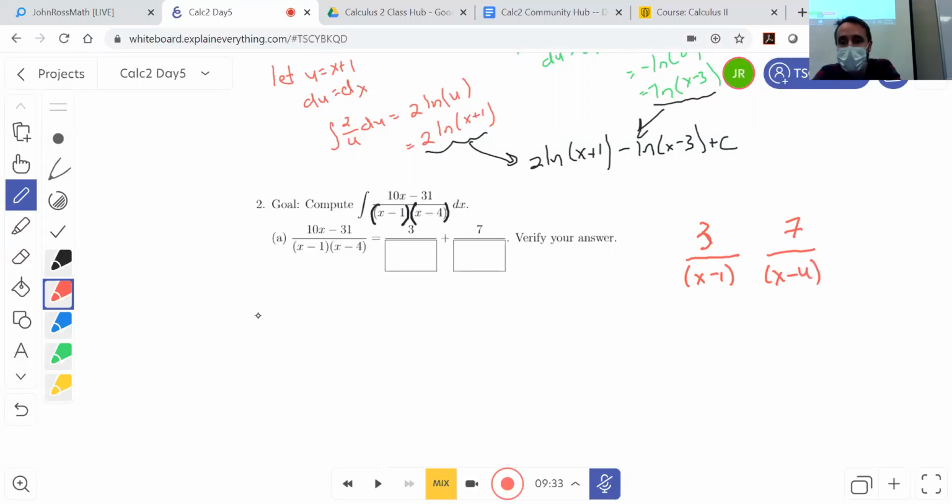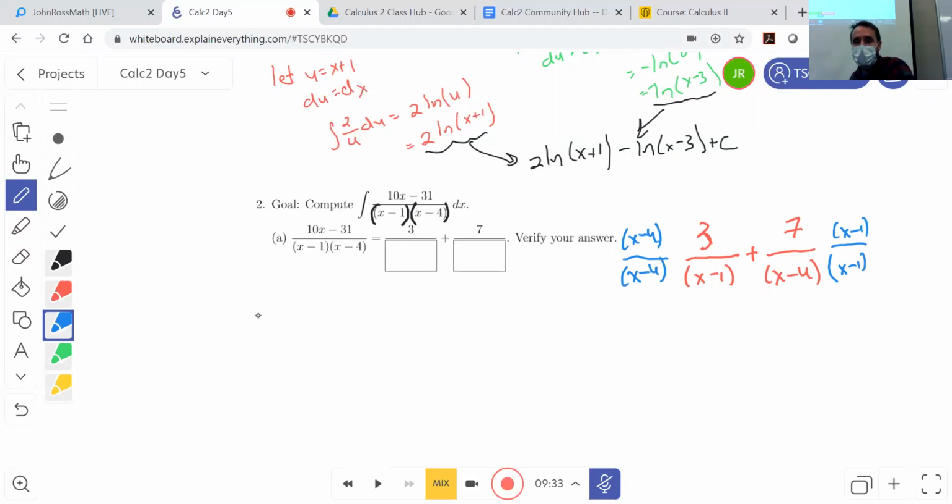What would we end up getting? Again, we have this common denominator idea. This would have been breaking it up into two pieces, undoing the common denominator. To check if this is right, we want to recombine to get that common denominator. So we'd multiply this piece by x minus 1 over x minus 1, and this piece by x minus 4 over x minus 4.